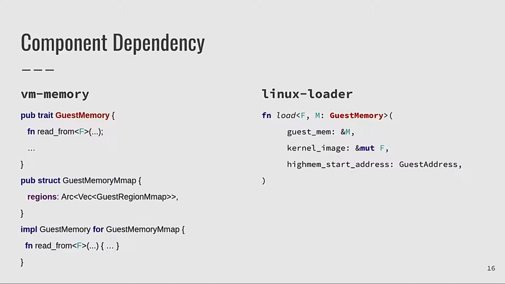So you'll see in red, there is a trait called GuestMemory, and then a structure called GuestMemoryMmap, which is basically an mmap guest memory. And then we have an implementation of the GuestMemory trait for GuestMemoryMmap. And in Linux loader, you will see in red as well, that Linux loader does not depend on GuestMemoryMmap, but only on the trait.